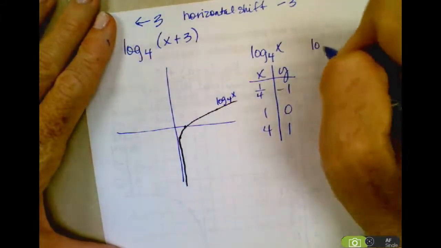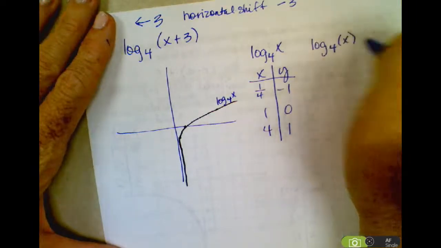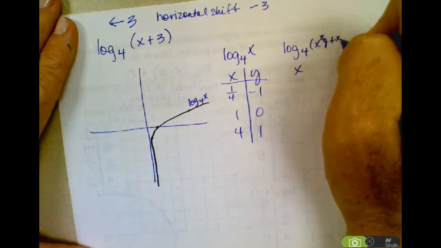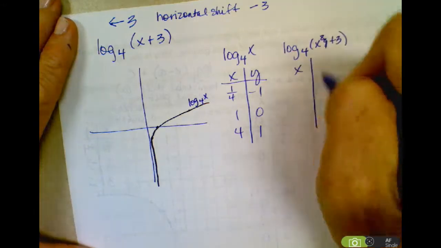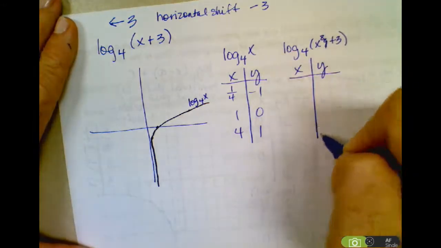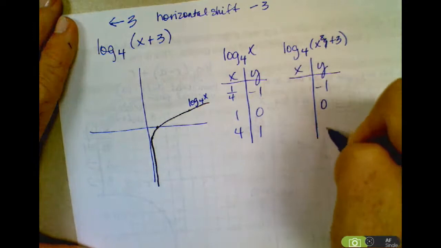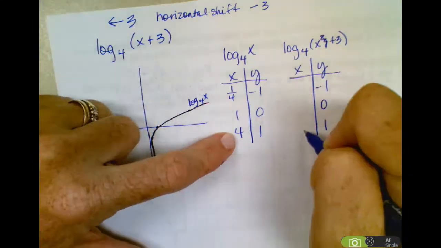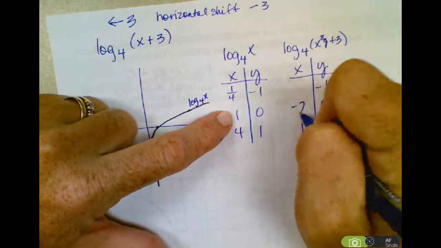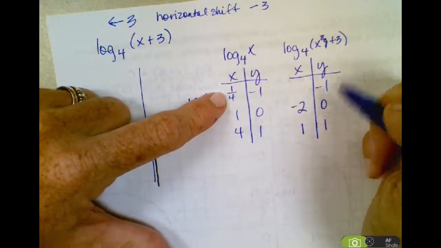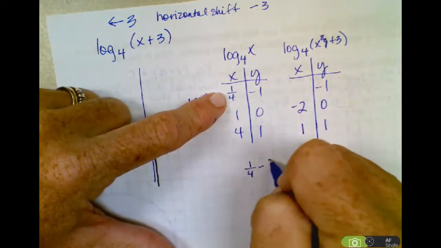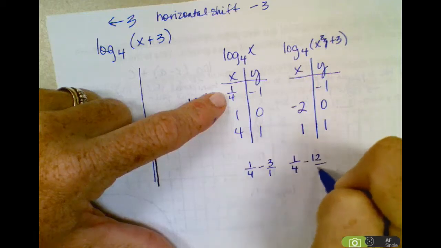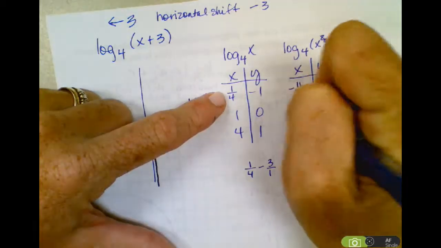Then, if we're going to do log of 4 to the x plus 3, we will have x, y. We're decreasing each of our x values by 3, but we're not doing anything to our y values. So 4 minus 3 is 1, 1 minus 3 is -2, and 1/4 minus 3 would be the same as 1/4 minus 12/4, which would give us -11/4.